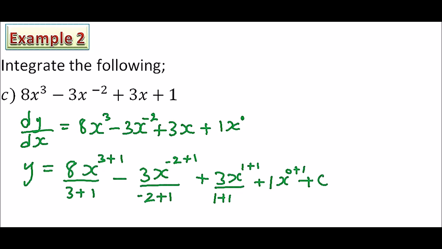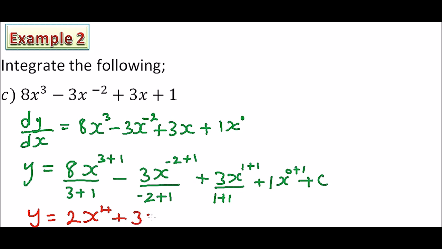So when you compute this, the denominator here is 4, so we have our y is equal to, we divide 8 by 4, we get 2, x to the power 3 plus 1, we get 4, minus, here it is minus 2 plus 1, we get minus 1. So this minus changes to positive because of that minus.